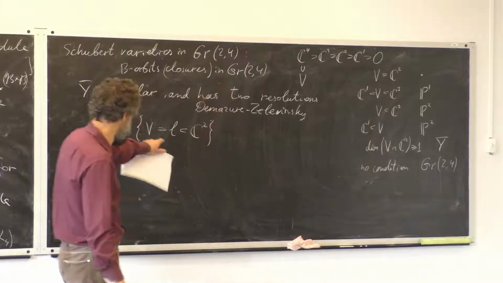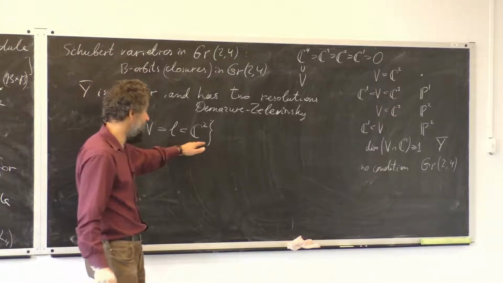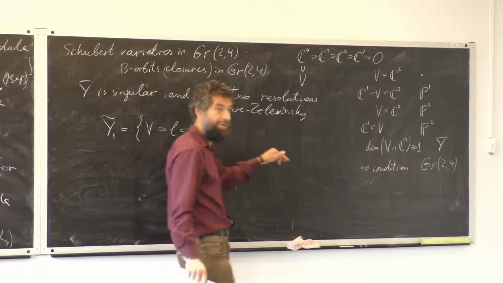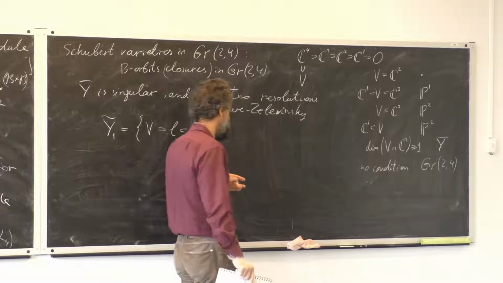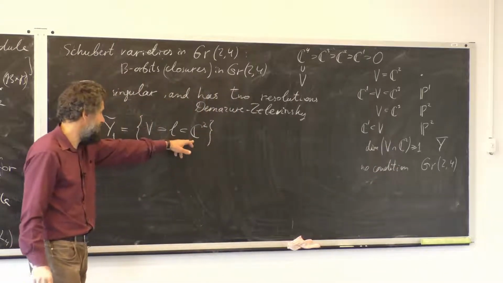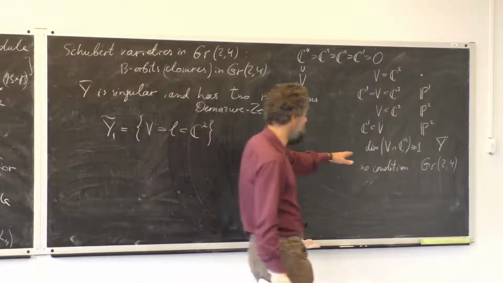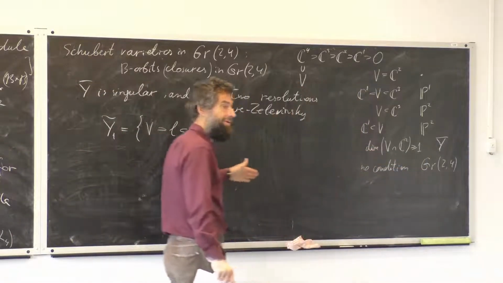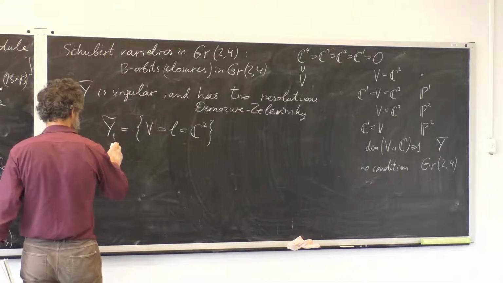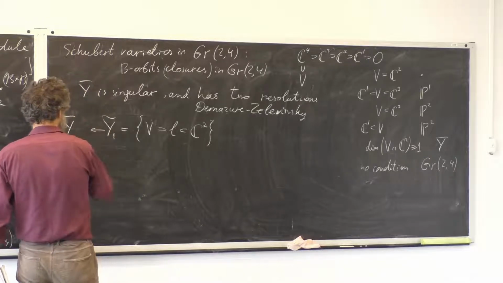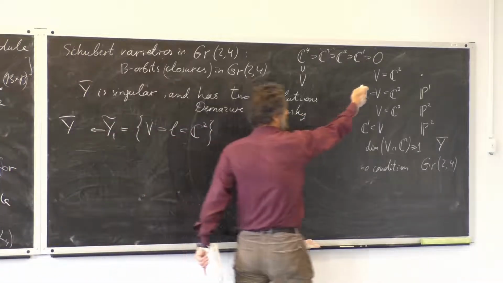And we impose this by fixing this line. Now, if the dimension of intersection is exactly 1, this is, in fact, the Borel orbit, the smooth part, then this line is necessarily just this intersection. So there is no choice. But if the intersection has dimension 2, then any line will do. And so we have that there is this projection. And the fiber, there is this singular point, when V coincides with C2.